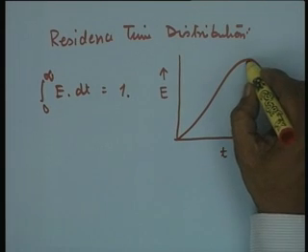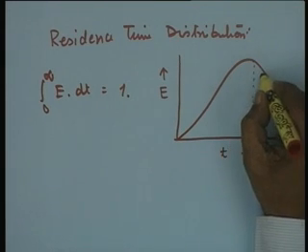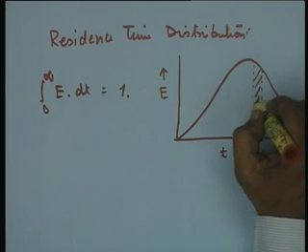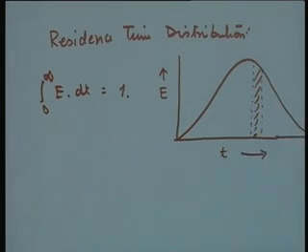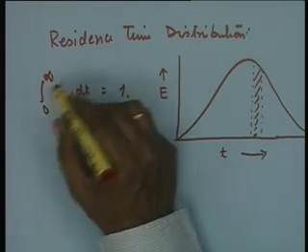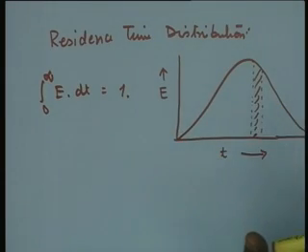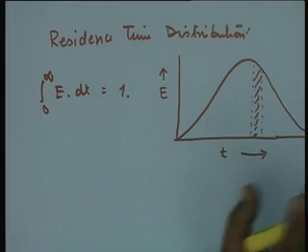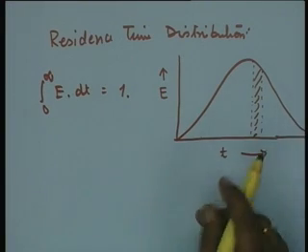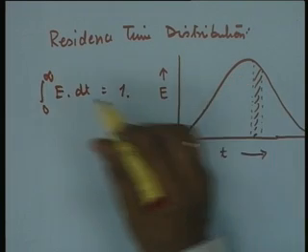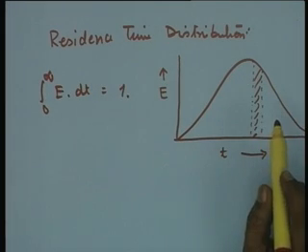Now, if you consider a very small element in this distribution with age between t and t plus dt, then the fraction of the exit stream of age between t and t plus dt will be E dt, and this fraction integrated over infinite time will give you the total fluid flowing through this reactor, and the exit age distribution is defined in the sense that the total area under the curve is unity.